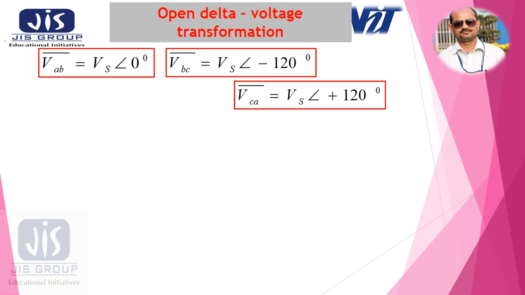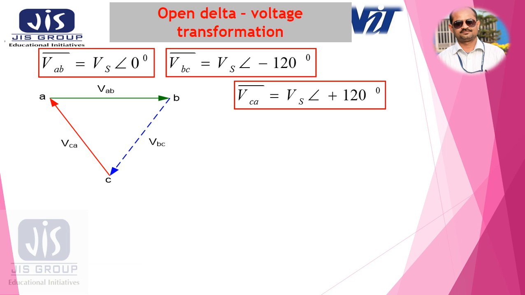Now this is interesting. These three line voltages form a triad of three balanced voltages of equal magnitude, displaced from each other by 120 degree. Thus with two transformers only it is possible to obtain a three-phase balanced supply.